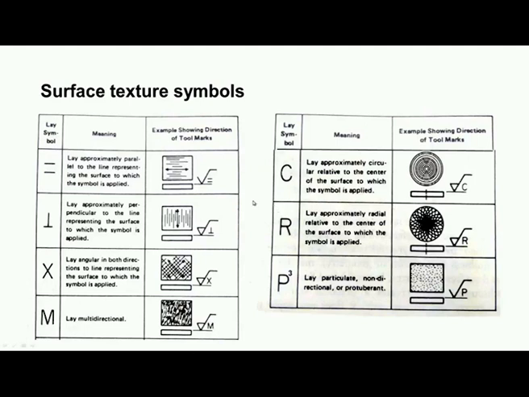Now, these are various kinds of surface texture symbols. You can see here if an inverted T is used, then the lay is perpendicular to the direction in which the measurement is made, and here the cross hatch type texture is there, and the lay is multi-directional, then we say M, and if the lay is parallel to the measurement of surface finish, then we use this particular symbol, parallel.